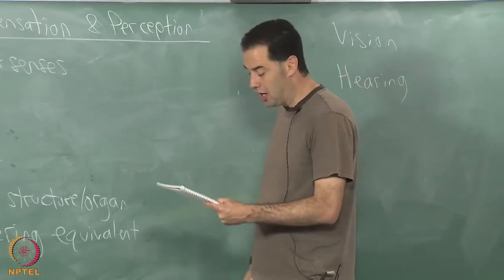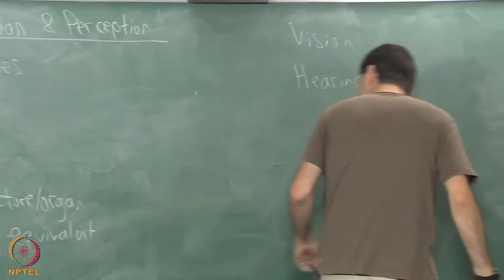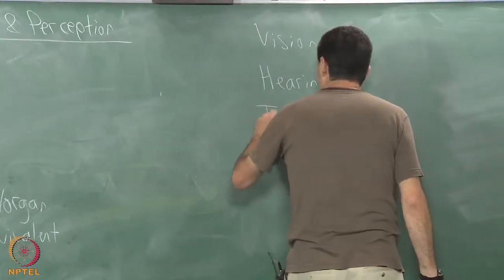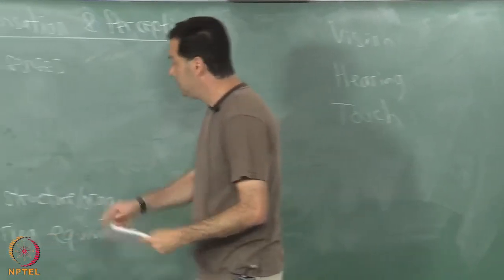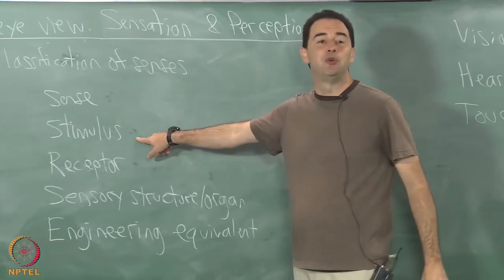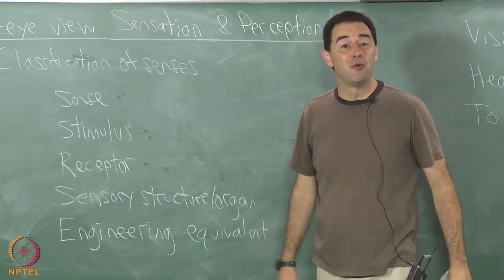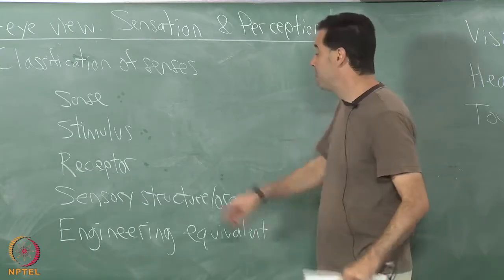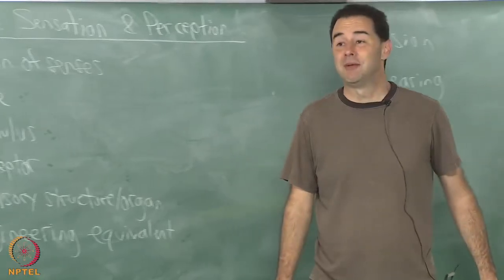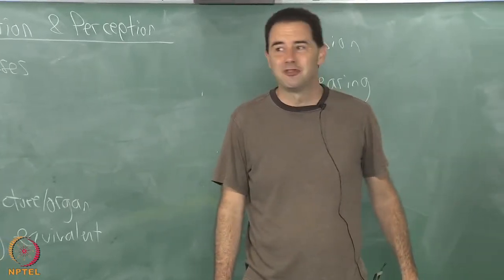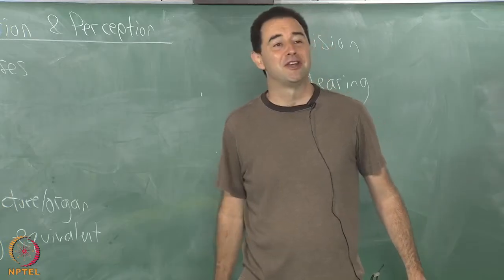Let's see, if we go through touch, right, so the sense of touch, in this case the stimulus is tissue deformation, right? So the surface of your body is deforming in some kind of way. We have mechanoreceptors for that. We also have thermoreceptors. So part of touch could also be a change in temperature, right? You feel that something's burning hot or a cold piece of ice on your skin, right?